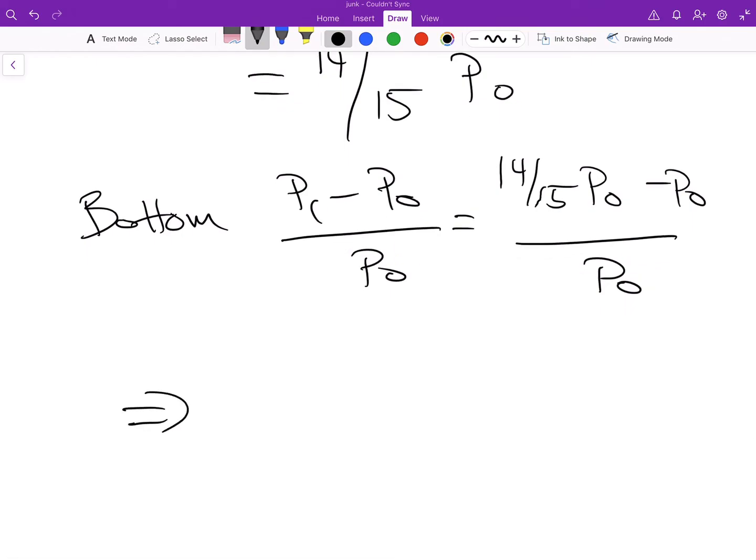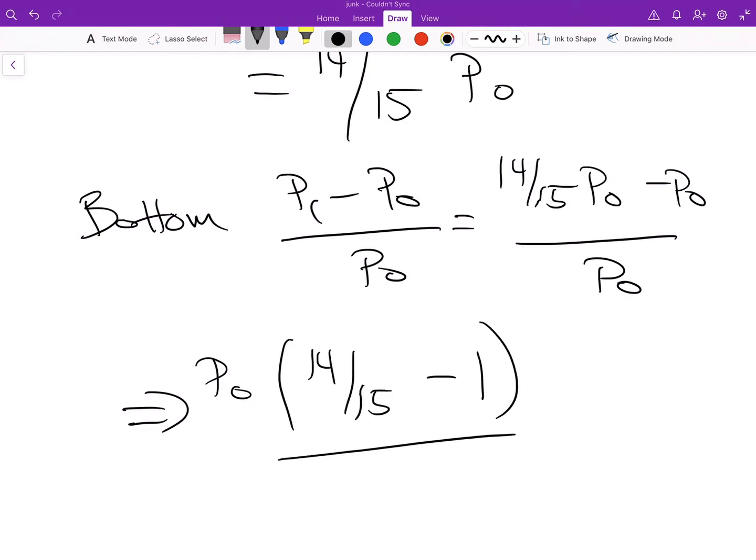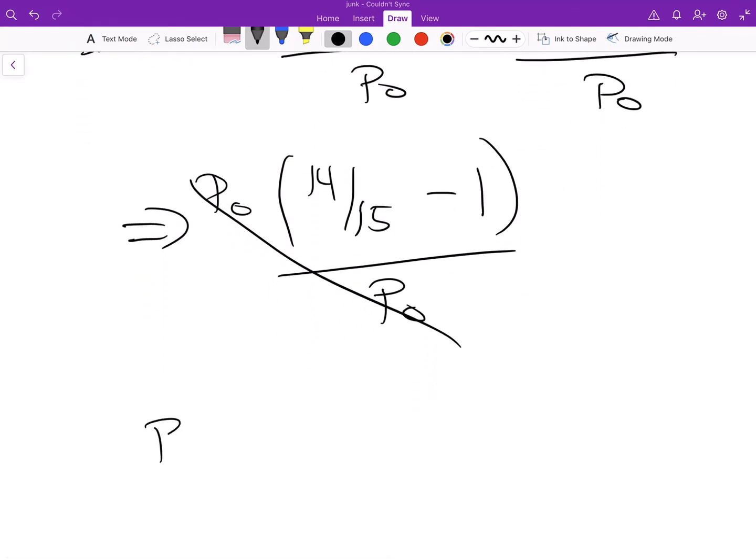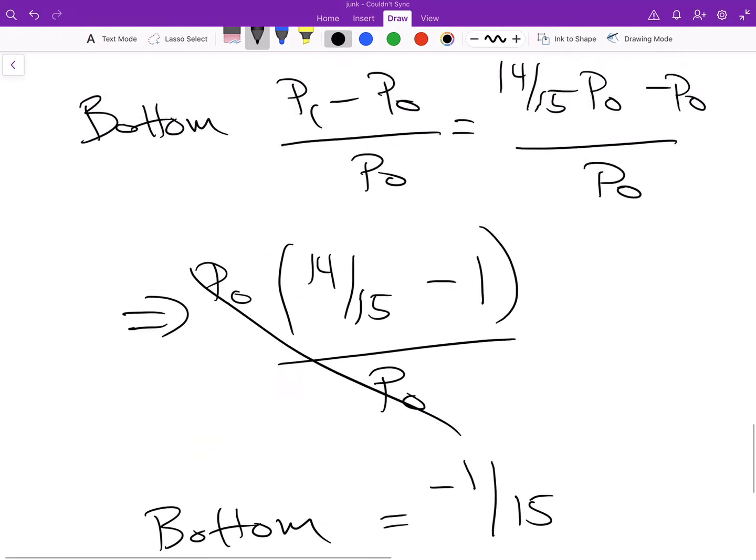Let's rearrange everything here. P0 can come out. 14 over 15 minus 1 all over P0. These cancel out. So we're left with the bottom is equal to -1 over 15.